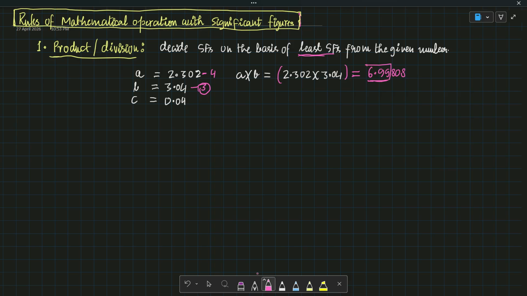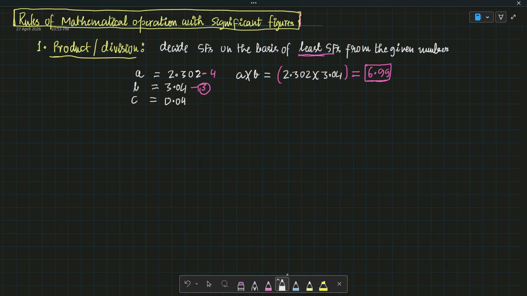Right now we are not concerned about rounding off, so we are ignoring the rest of the number. So our result will be 6.99. After we learn how to round off, we'll take 4 digits and then round to 3 significant figures.